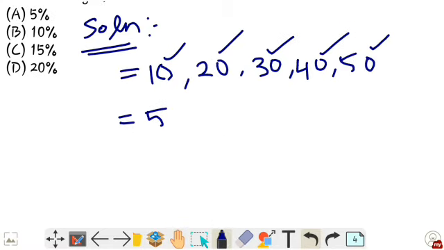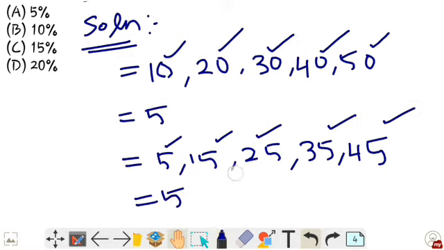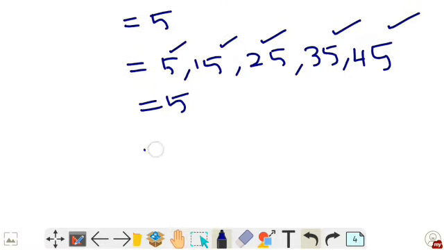Next we count the digit 5 in the unit place: 5, 15, 25, 35 and finally 45. Here also 1, 2, 3, 4, 5 times. So totally 10 times.